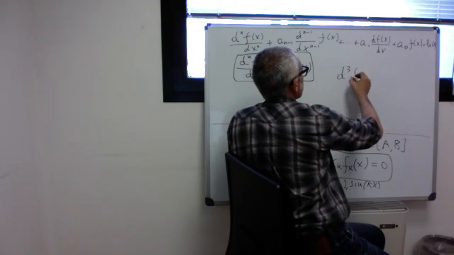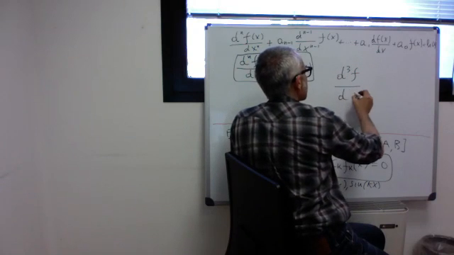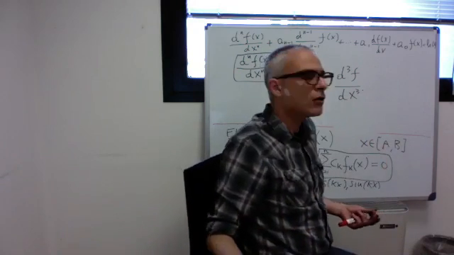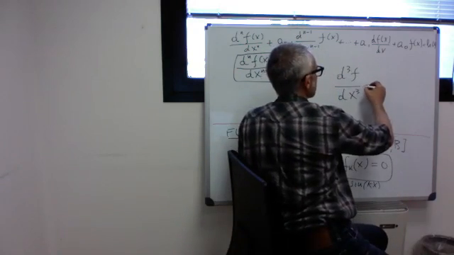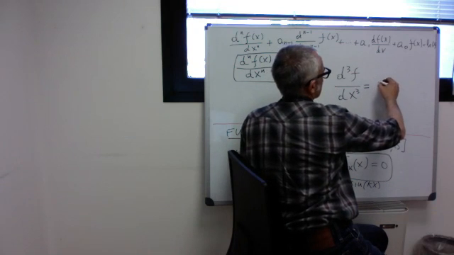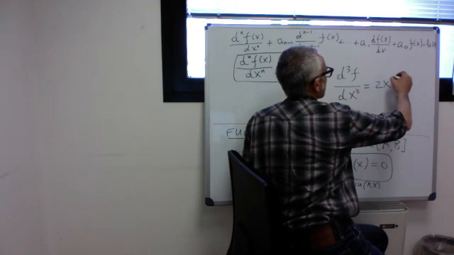We have an unknown function that I call f, and I know that its third derivative with respect to x is equal to twice x to the power of 5.